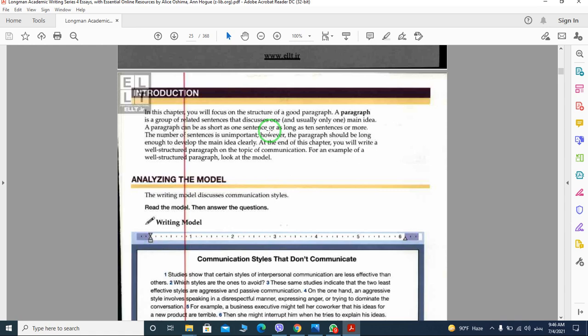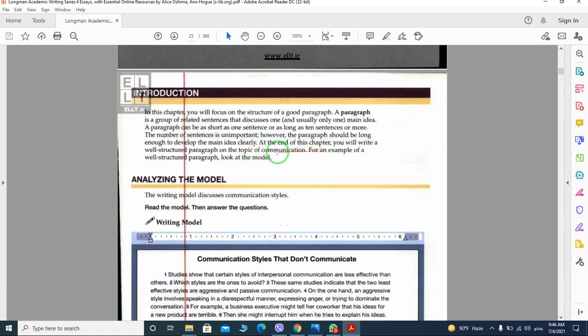It conveys the point. It has details and examples. That's very important. However, the paragraph should be long enough to develop the main idea clearly. If you can develop the main idea in two sentences, in three sentences, in four sentences, you can write a paragraph. Even if one long sentence can convey the entire message and develop the paragraph and show the structure of the paragraph, you can call it a paragraph.